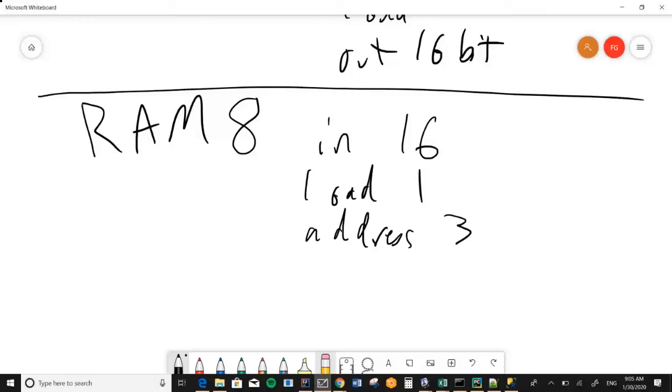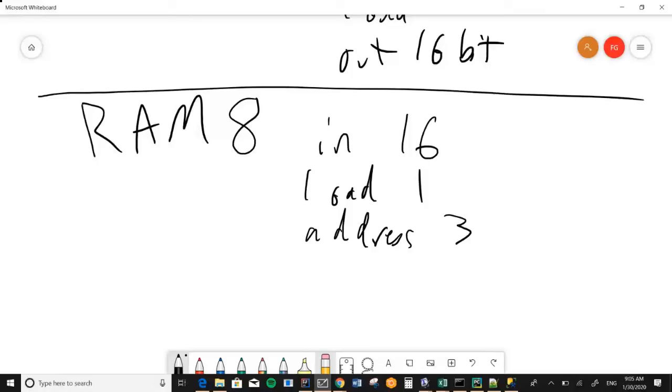So the work you do on this chip is the heart of understanding how addresses are implemented by a circuit. And that's an exercise for you all. But here's the specification, right? You have a 16-bit input, you have 1 load bit, and you've got 3 address bits.